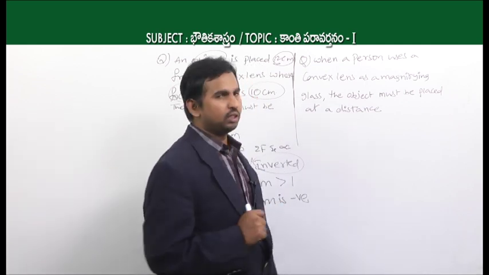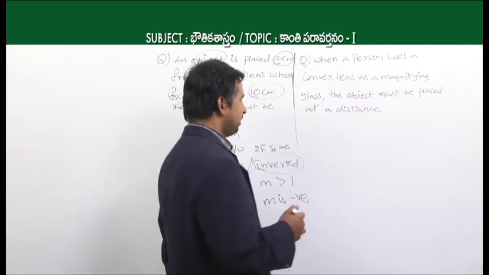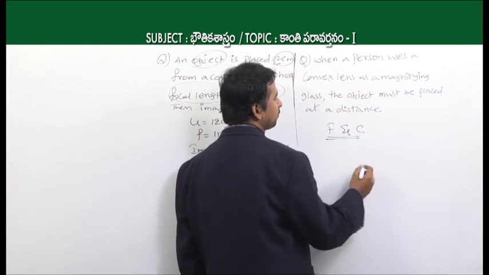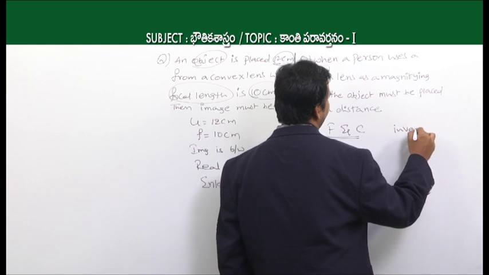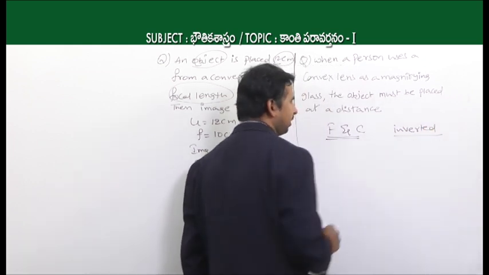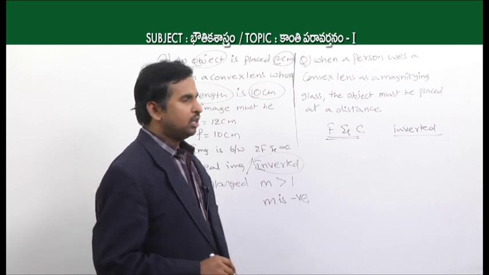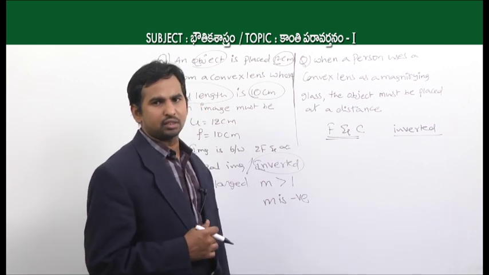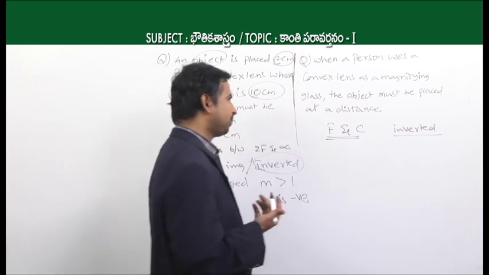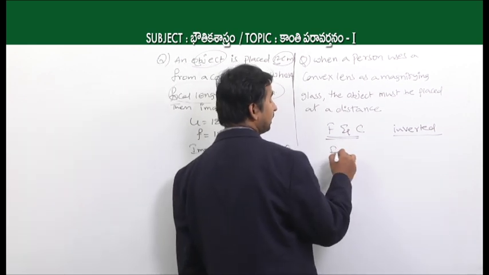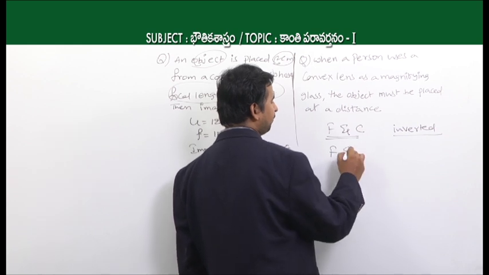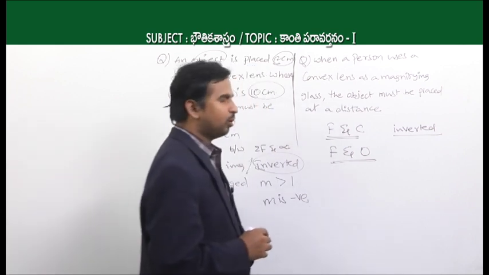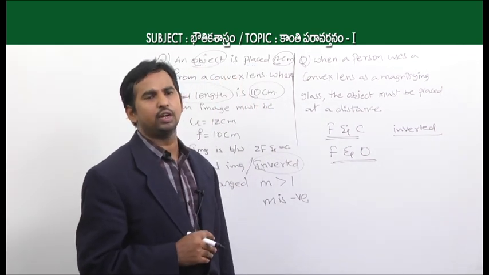But the problem is, if the object is placed between f and c, the image formed is an inverted image. So, as we need a magnified image that is just like the object, we have to take the other position where we get a magnified image, which is in between f and o, that is, when the object is placed between the focus and optic center.